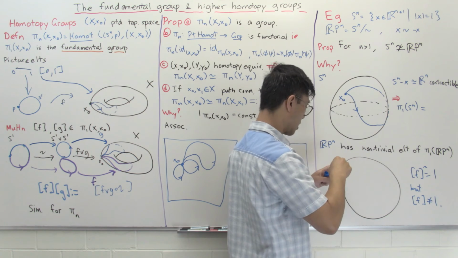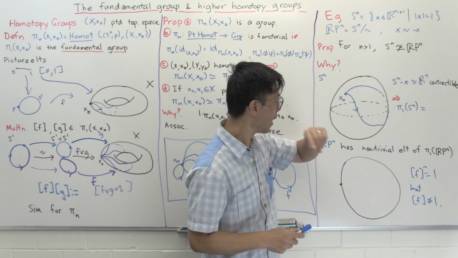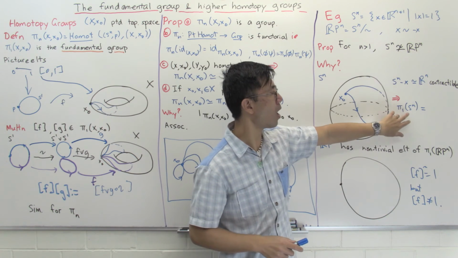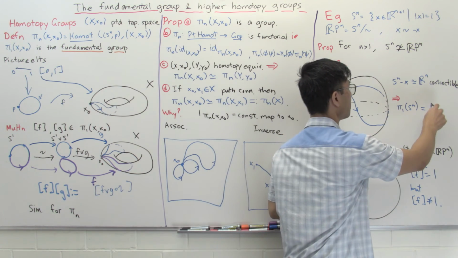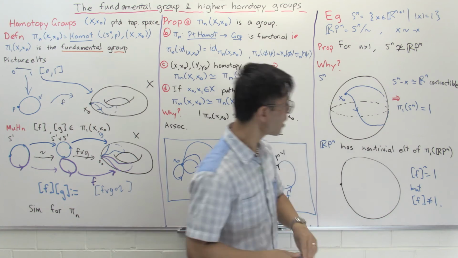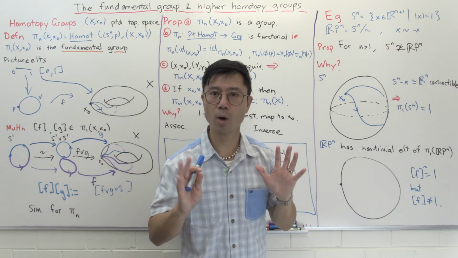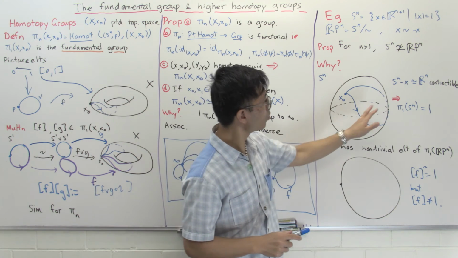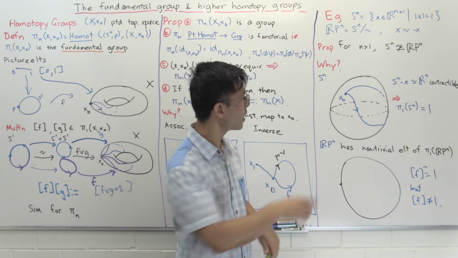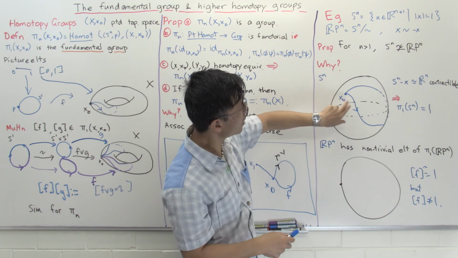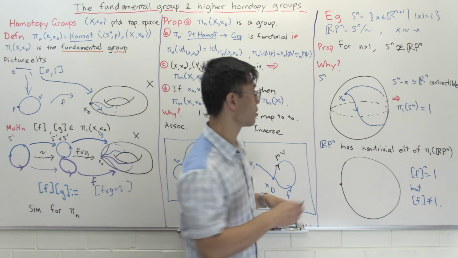That's a typical element, and I claim that pi1 of Sn is actually just equal to 1. That means that you can contract this down to the constant loop here. So why is that true? Let's look at this particular example, and we're going to pick a point which this loop doesn't pass through, this x here.